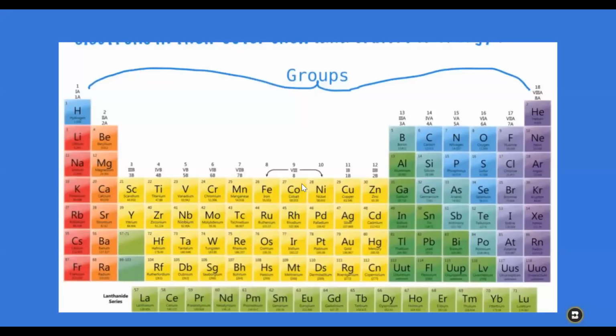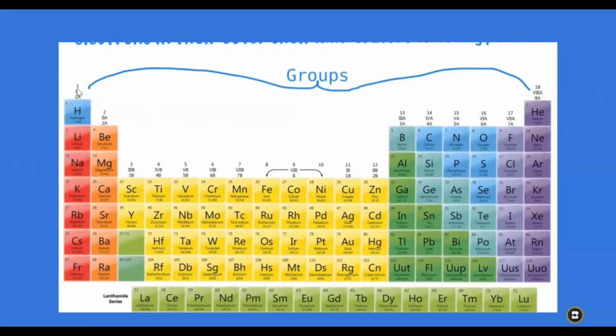The periodic table is filled with so much information, and you have to know it to use it effectively. In this periodic table, we have rows, which are horizontal, and groups. There are 18 columns.